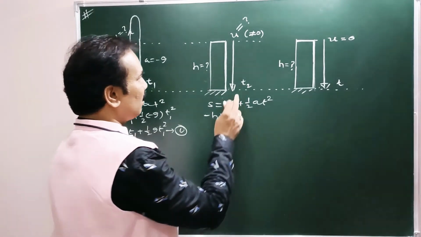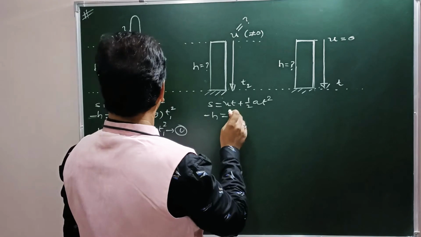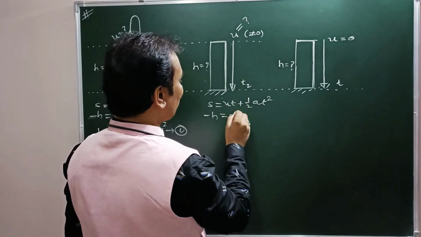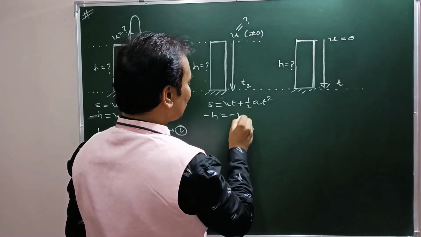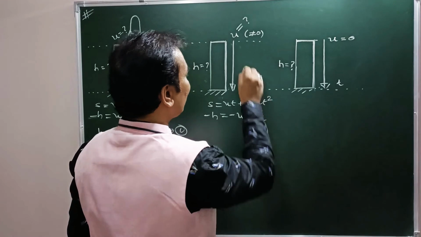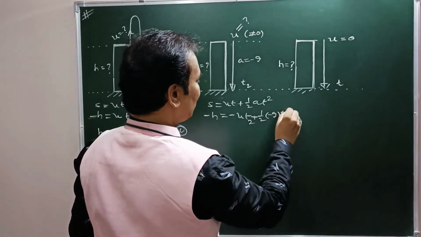So minus h equals u unknown, u also downwards, therefore minus uT2 plus half into a, again minus g, into T2 square.